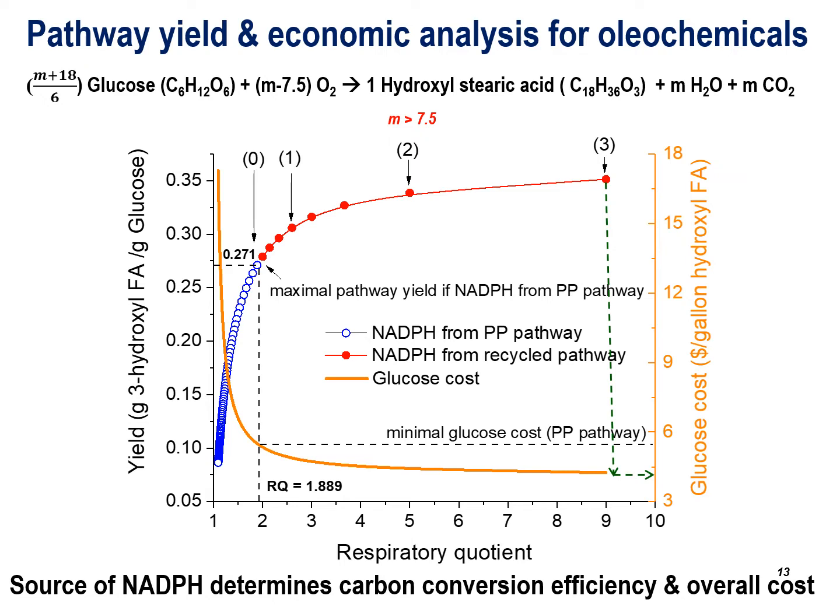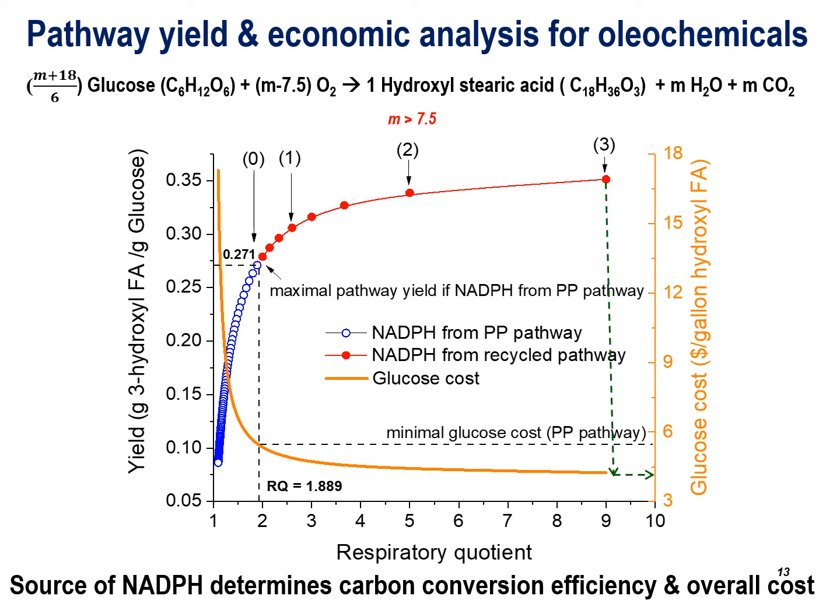In different pathways, as we mentioned in the previous slide, if you move from the pentose phosphate pathway corresponding to 0, to the GAPDH corresponding to 1, and 2 corresponding to the POM cycle, and 3 corresponding to the NOG pathway, you can significantly improve the carbon conversion yield.